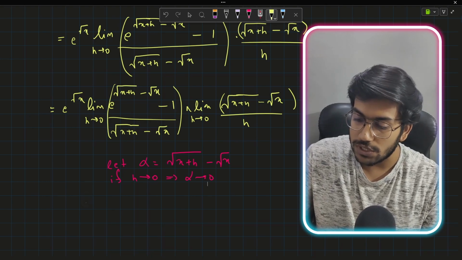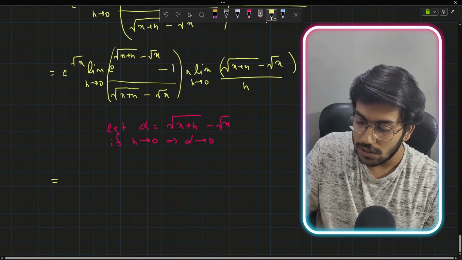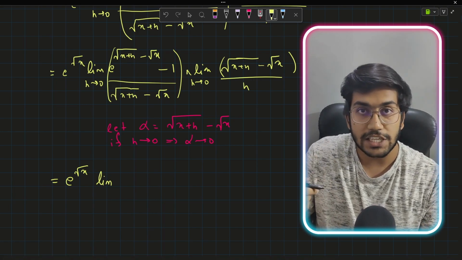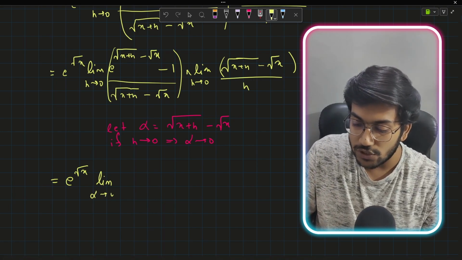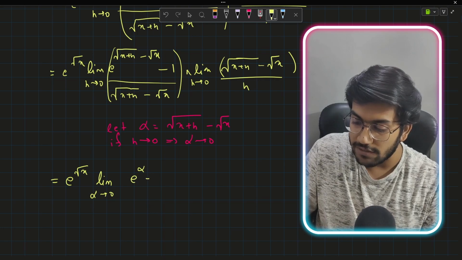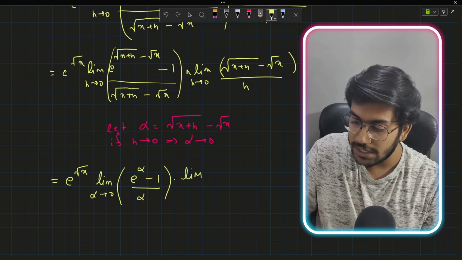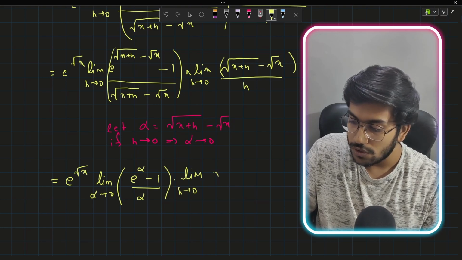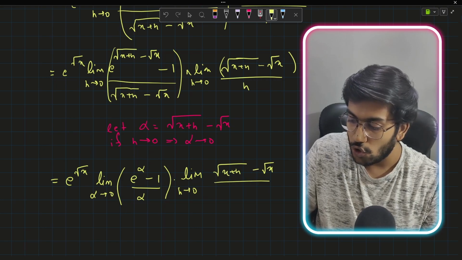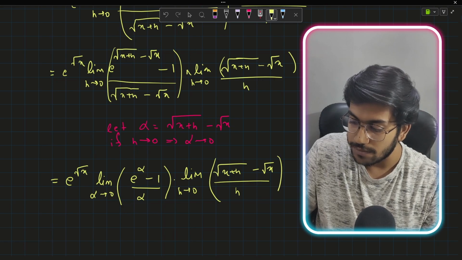So our expression now becomes e to the power root x, limit, not h but now alpha tends to 0, of e to the power alpha minus 1 over alpha, times limit h tends to 0 of root x plus h minus root of x over h.